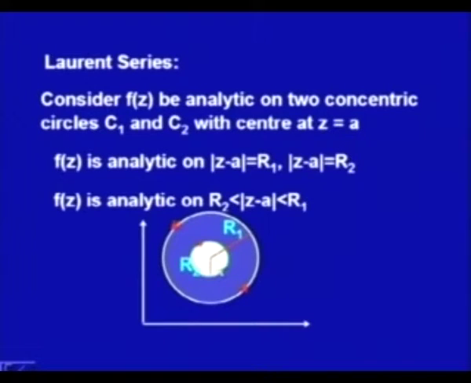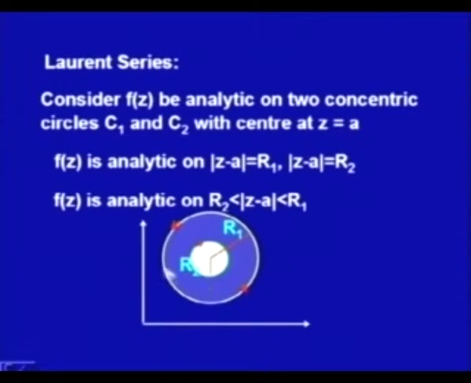The idea here is that this function f z may not be analytic at some points inside the bigger circle of radius r1. Then all those points can be enclosed in the smaller circle of radius r2, and then the function will be analytic throughout in this annular region.